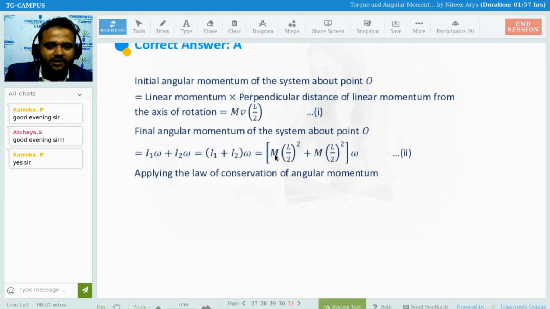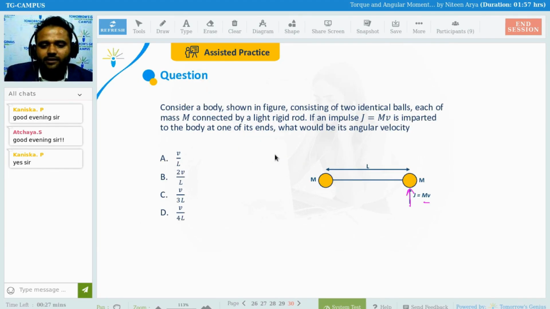Initially that is linear momentum into the perpendicular distance of the linear momentum from the axis of rotation. That is mv L by 2. So this is equation 1. Final angular momentum of the system about point O, when we apply this impulse, the system is going to rotate. So I1 omega, I2 omega.